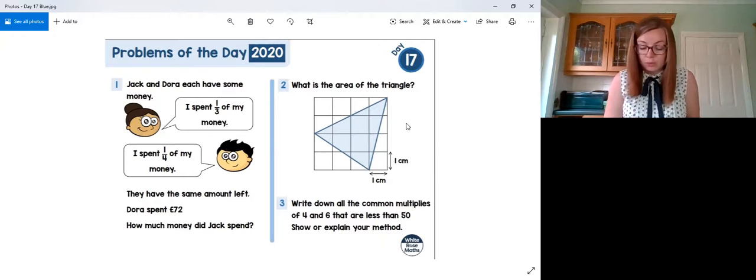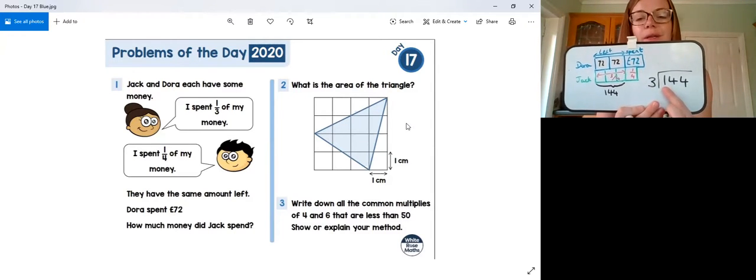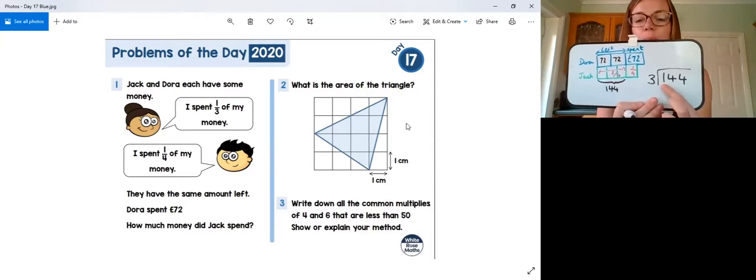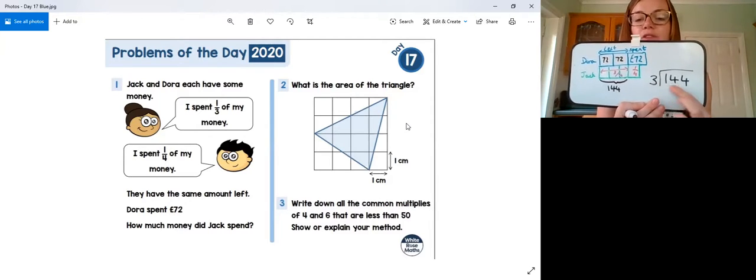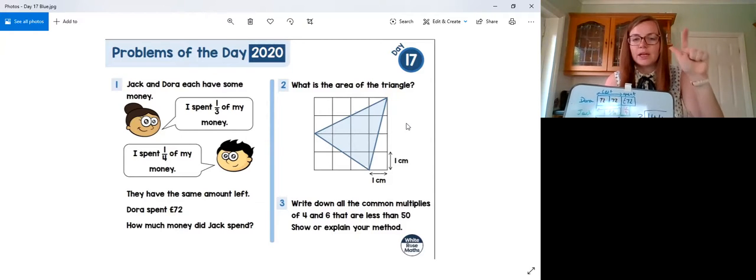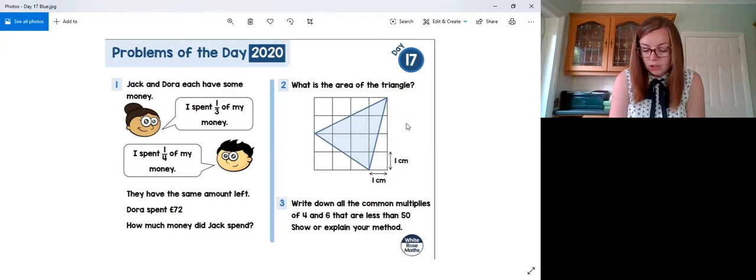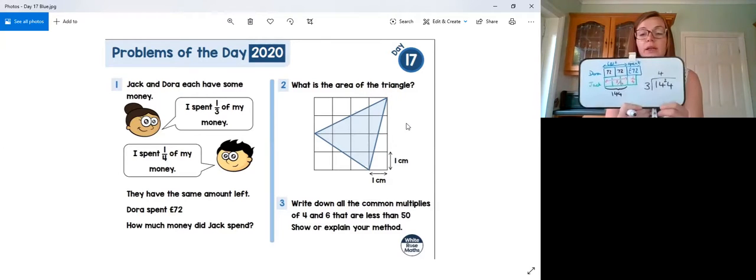I'm going to use bus stop to help me do this one. So I start off with 3's into 1, which I can't do, so I move over and put them together. 3's into 14. If I do my 3 times table, 3, 6, 9, 12. I can fit 4 lots in, and I have 2 left over between 12 and 14.